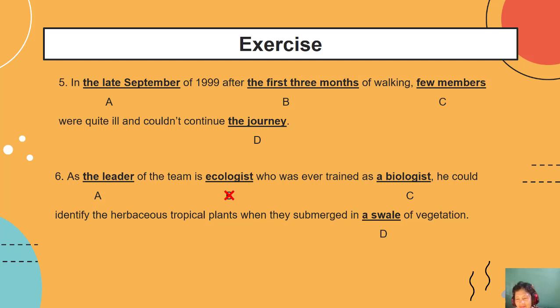You can see this, a biologist. So this is also a complement or subject complement. So an ecologist, be careful. This is an ecologist, but this is a biologist, as I told you about vowel sound and consonant sound.